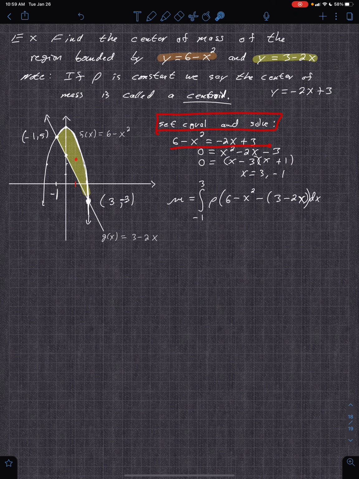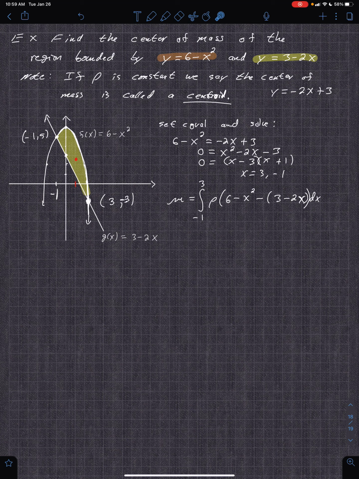So here's my set equal, and I get 3 and negative 1. You don't really need the y values, but you should get them. This is off a little bit, but that's okay. So I did find them.